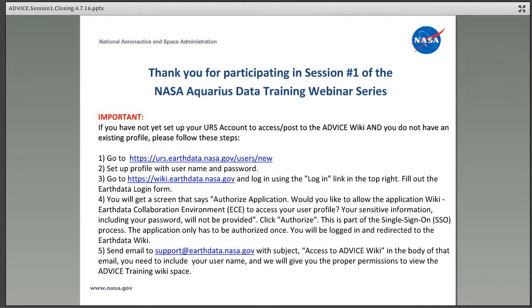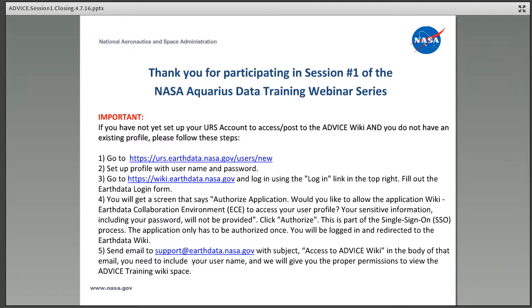If you haven't set up your URS account, you need to follow these steps. If you do not have an existing profile or URS account, which you would have if you had ordered data before from the PO.DAAC, for example, you would go to the URL I've provided there. You will set up your profile with a username and password. You'll then need to have an initial login to the wiki.